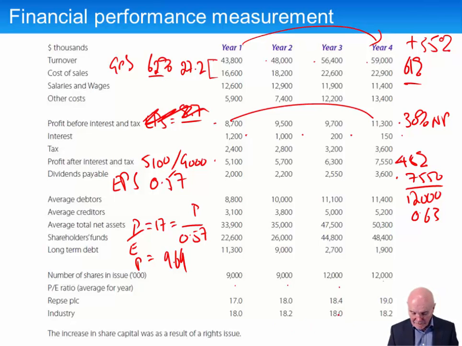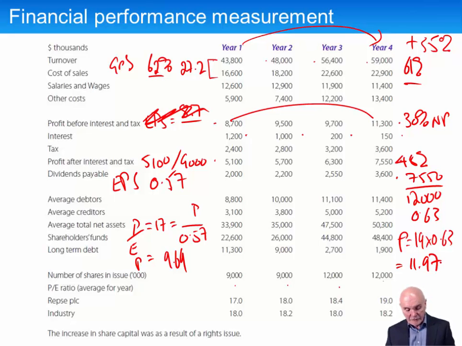Over here, the same idea, we have the earnings per share of 63 or 0.63 here, and the price here is going to be the PE ratio, which is now 19 times 0.63. So the price per share there, 19 times 0.63, is going to be 11.97.